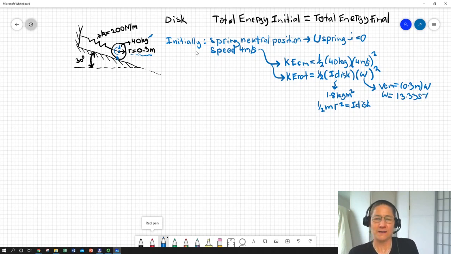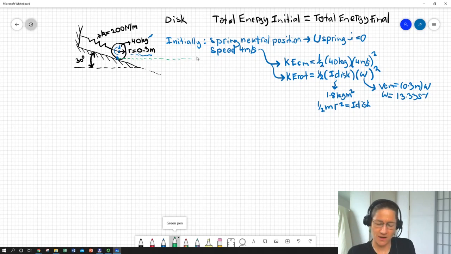Okay, now we don't have per se a value for gravitational potential energy initially. What we can do is establish a vertical datum. Now, those of you who might be going into surveying know that that's basically a vertical reference point of sorts.